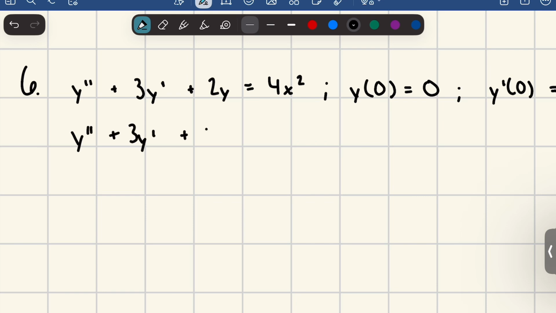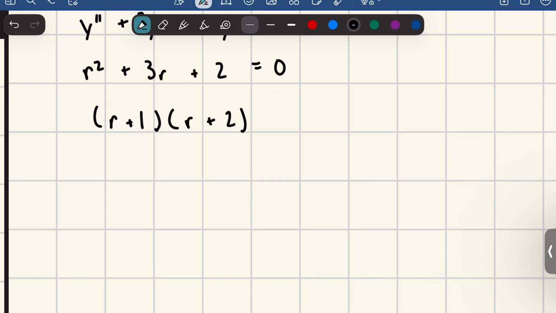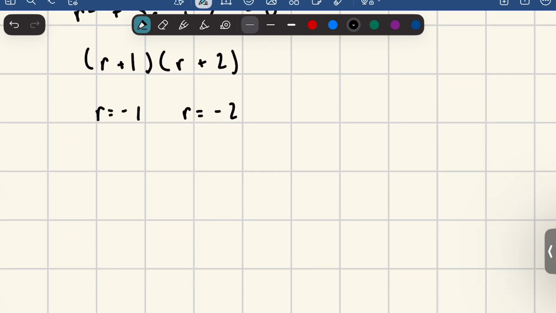The characteristic equation is r squared plus 3r plus 2 equals 0. So r equals -1, r equals -2. So our yc equals c1 e to the negative x plus c2 e to the negative 2x.